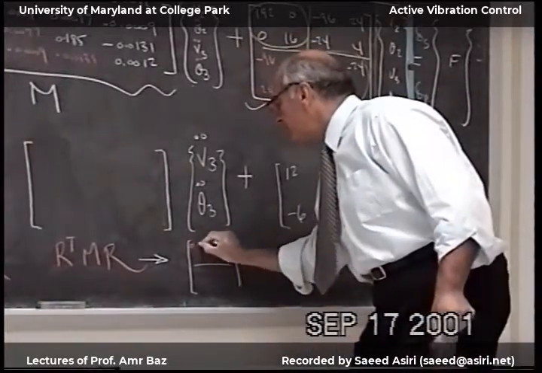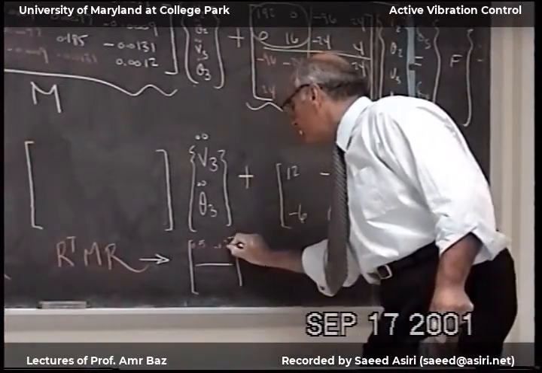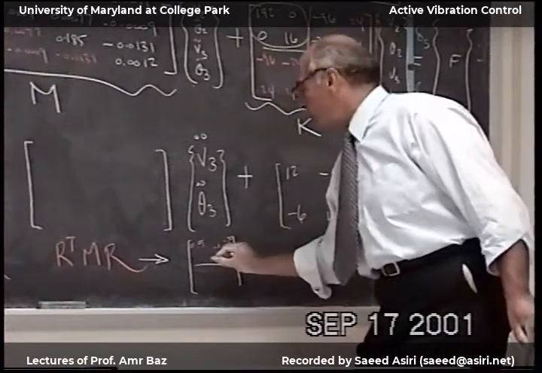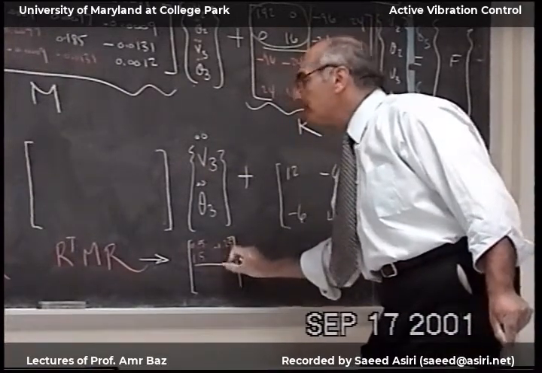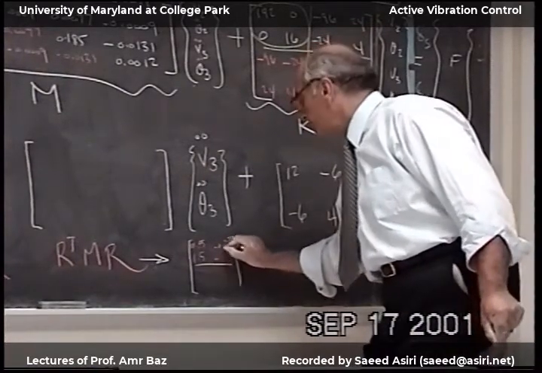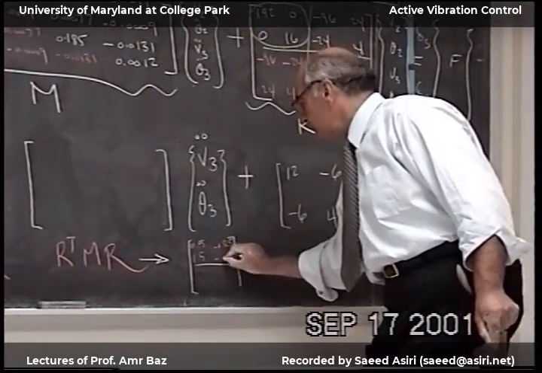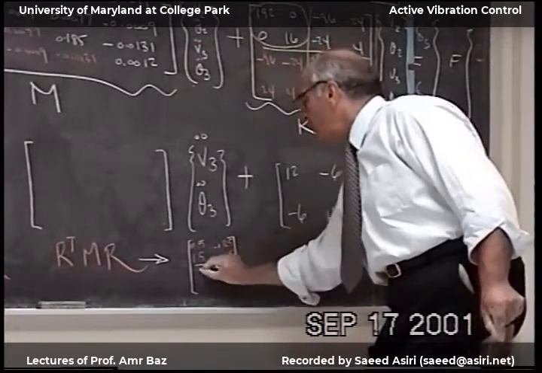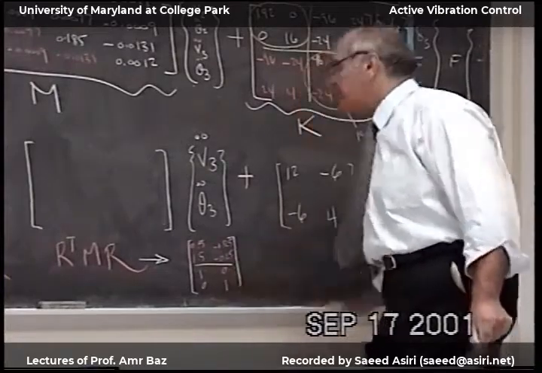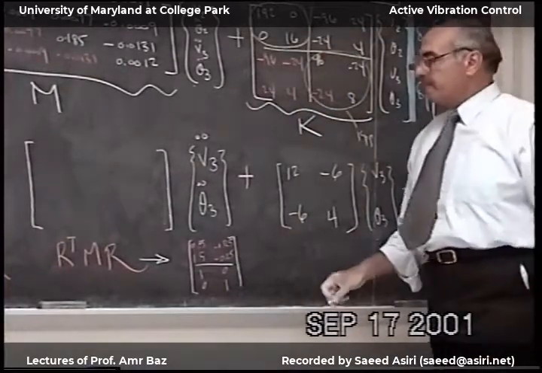0.5 minus 0.25, and then 1.5 minus, I'm sorry, 0.25, and then 1, 0, 0, and 1. This is my R matrix.